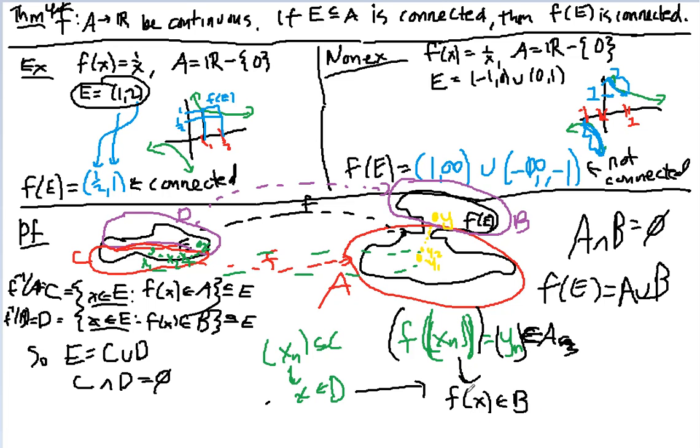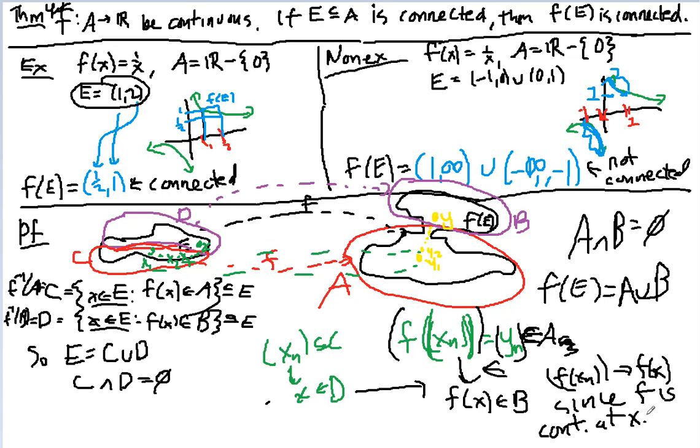And now the last thing is, how do I know it converges to f of x? Well, in fact, I'll write this down. The sequence f of x_n converges to f of x, and this is only true because f is continuous at x.